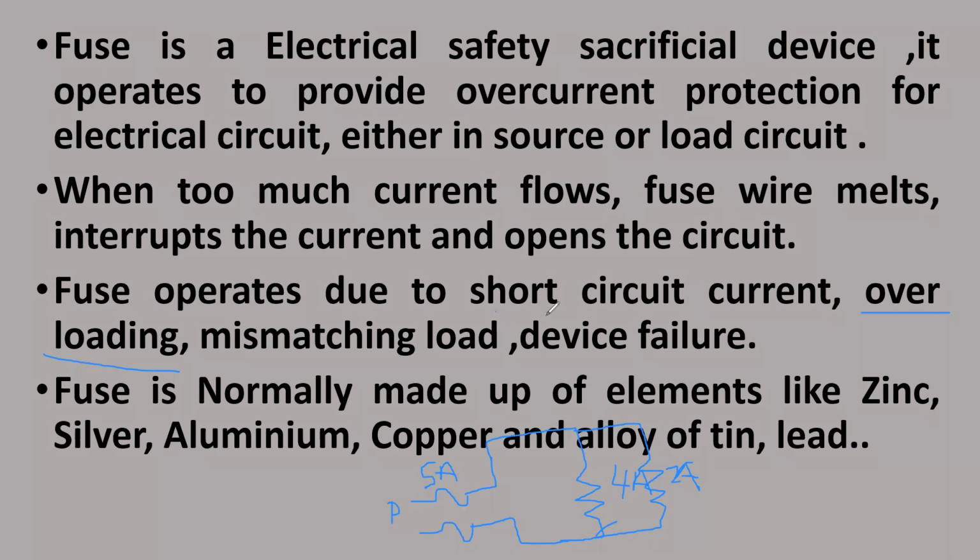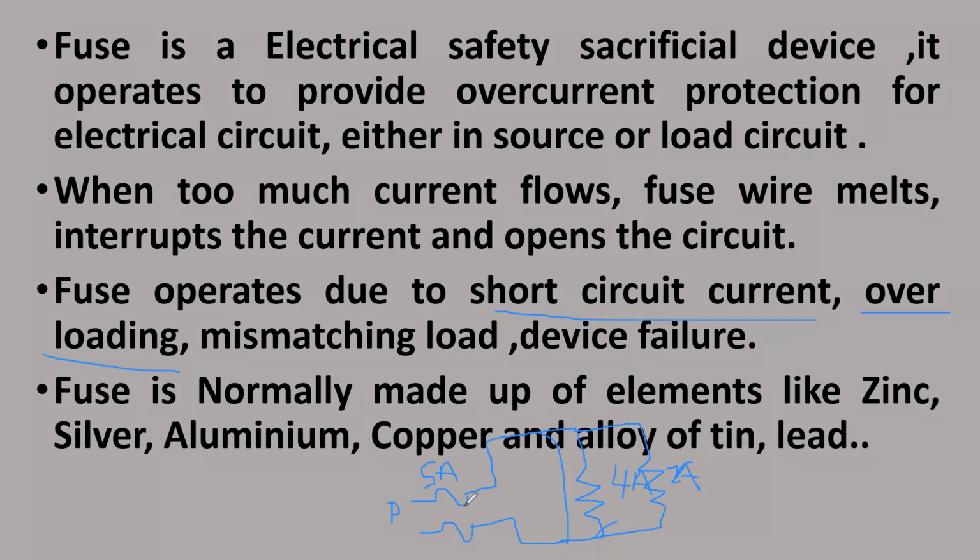And what do you mean by short circuit current? Suppose any short in the line gets connected here, then it is called shorted. So there will be a large amount of current flowing through the circuit, more than this 5 amperes of current. This is the fault called the short circuit fault. In that case also the fuse will blow.